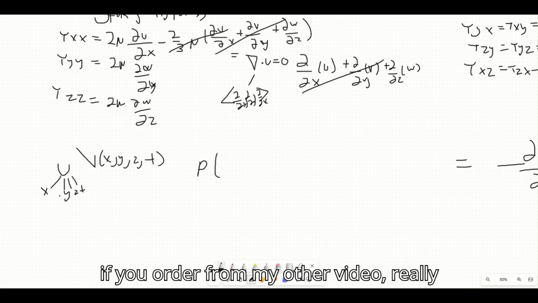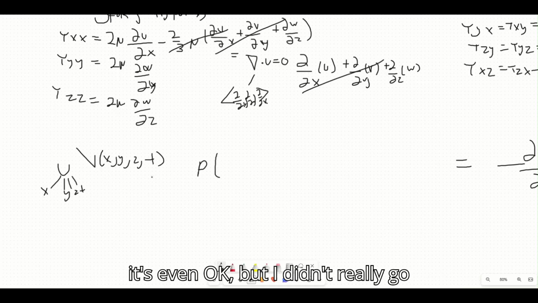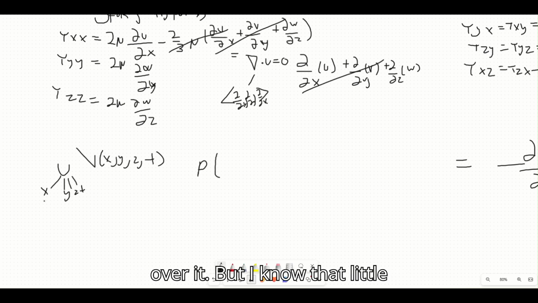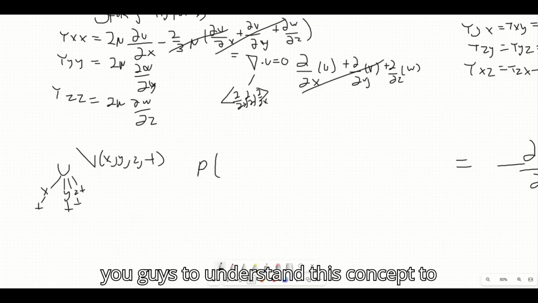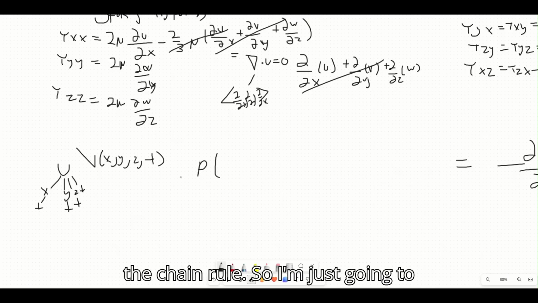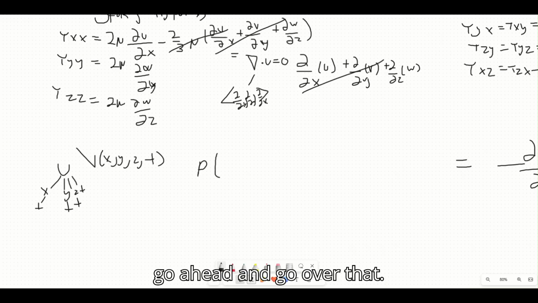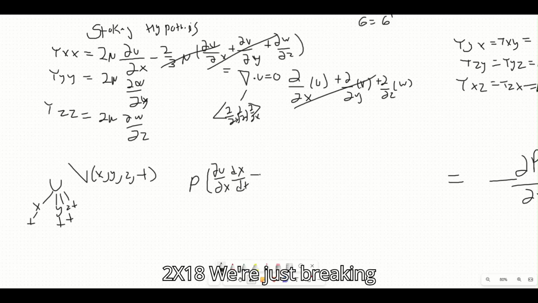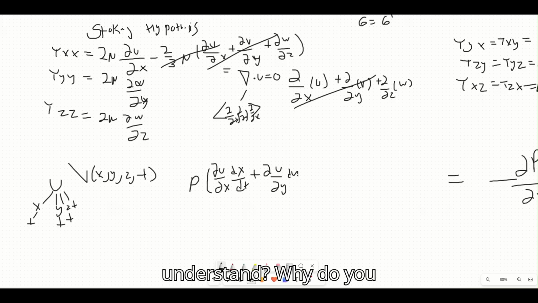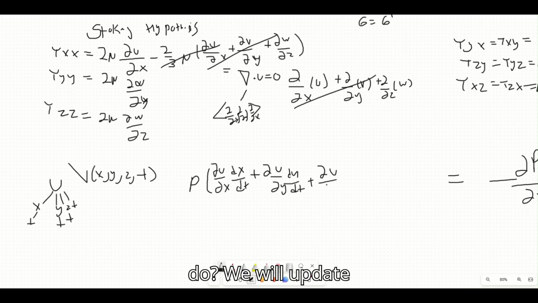And if you remember from my other video where we briefly went over the chain rule with that little PowerPoint explanation, hopefully it helps you understand this concept. So du over dx, dx over dt. We're just breaking this apart using the chain rule. du over dy, dy over dt plus du over dz, dz over dt.